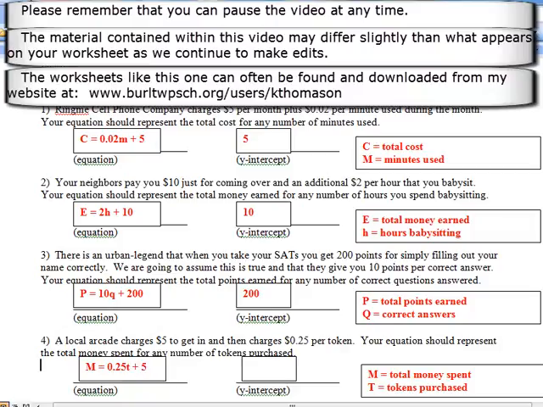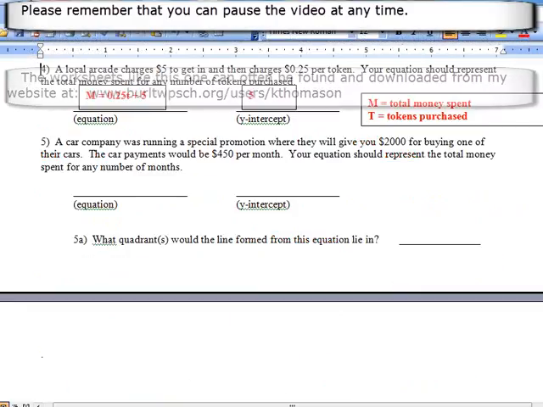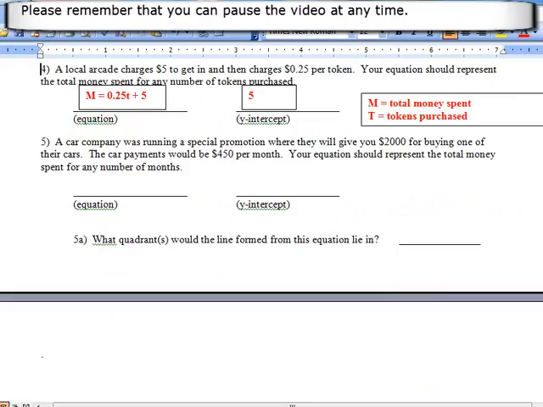So again, looking at our shortcut, our y-intercept is going to be what's added to the equation, which is 5. And again, our y-intercept is where this equation crosses the y-axis. Okay, let's take a look at number 5.